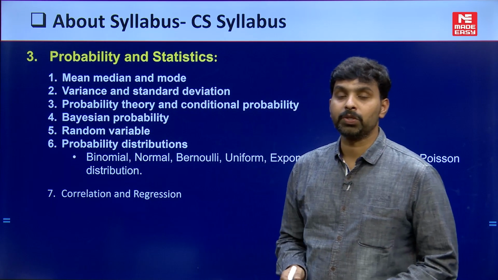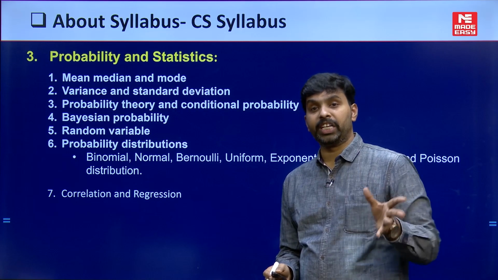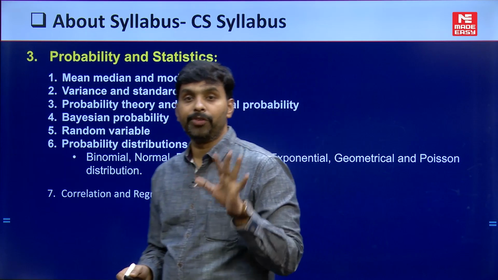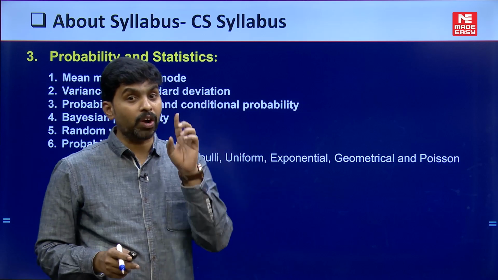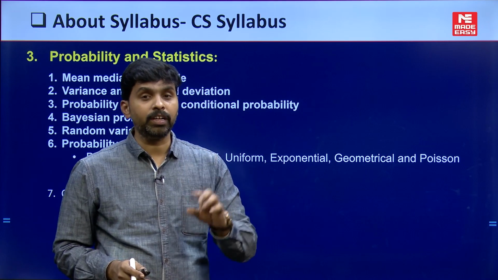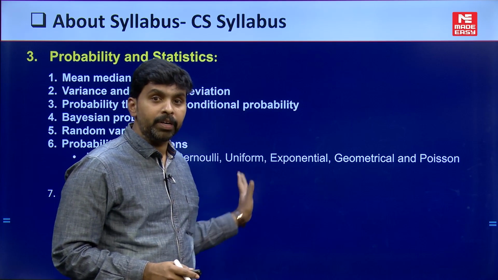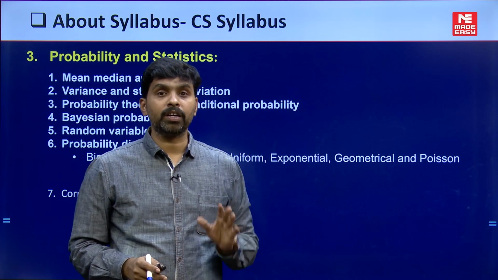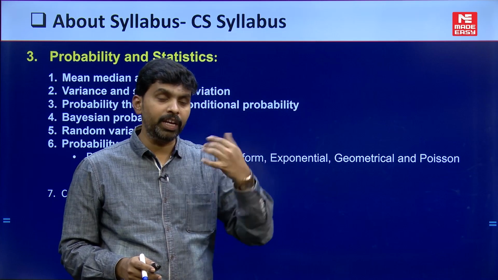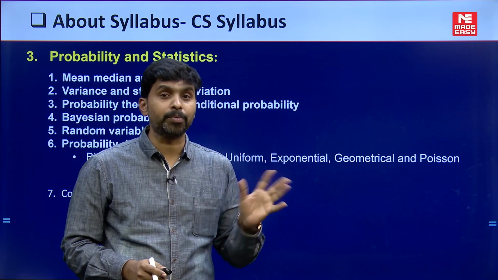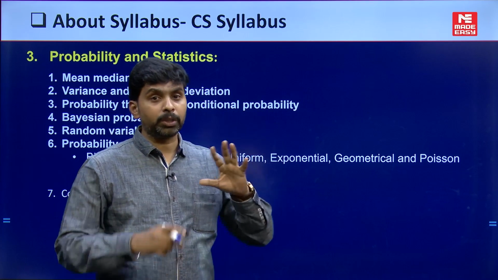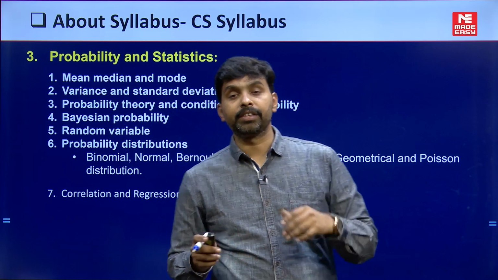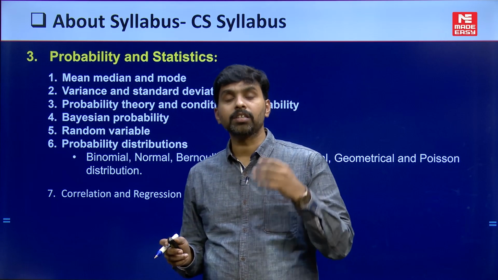Now, my dear students, I am going to tell you about the weightage. In CS, how much weightage is there? If you see the common thing, in the DA paper and the CS paper the topics are the same, maybe the inner syllabus and subtopics are a little different, but the overall spectrum is probability, calculus and linear algebra.